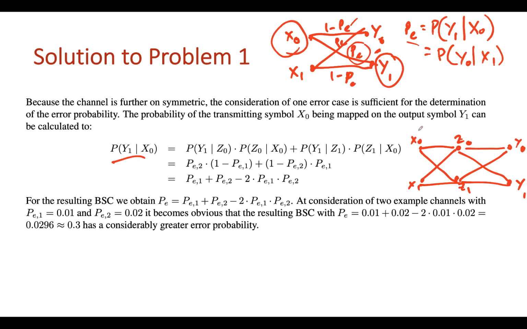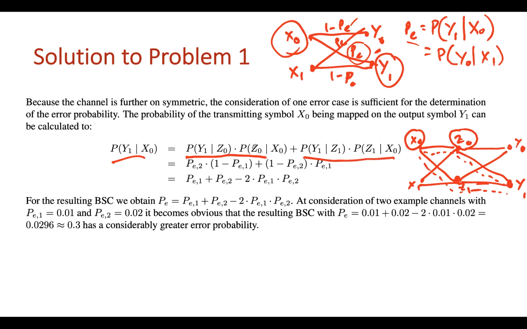Your x0 was transmitted, and then you obtain z0 at the intermediate channel and then you have y1, or you obtain z1 at the intermediate channel and then you have y1. So you can have either this possibility or this possibility, and these are the two probabilities for these two possibilities.